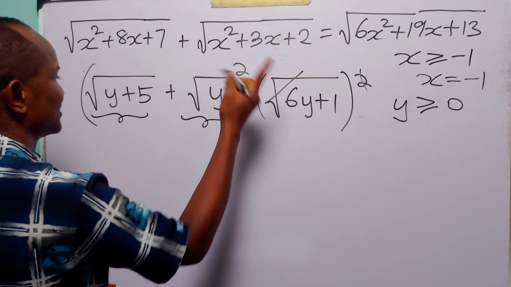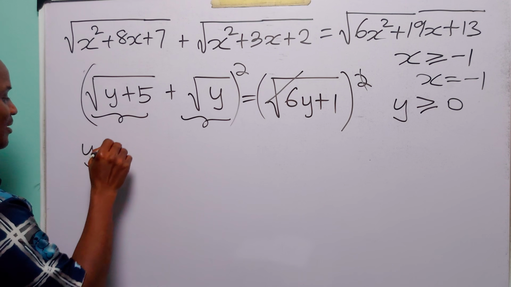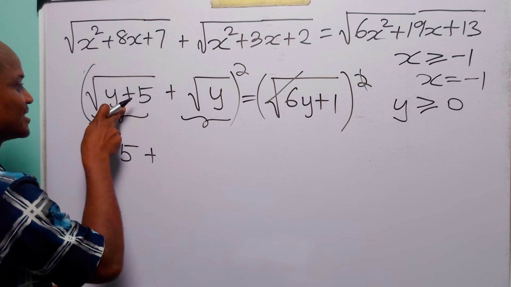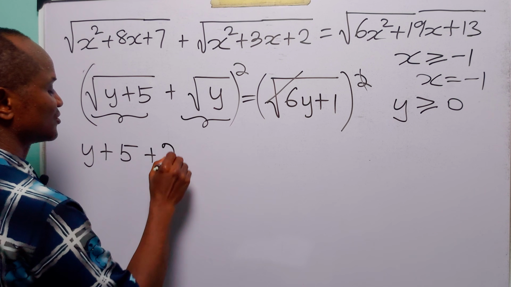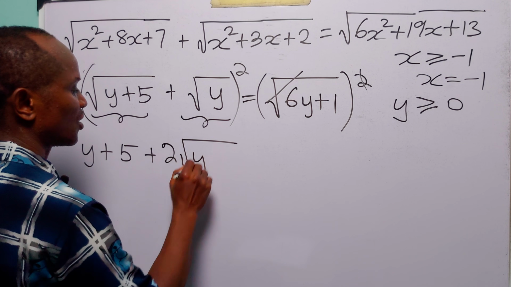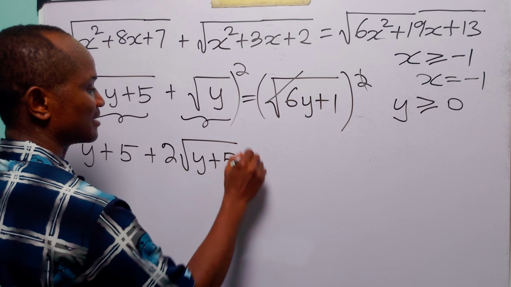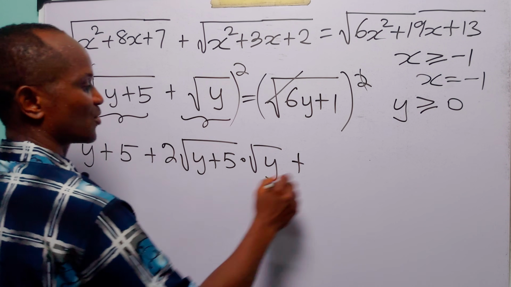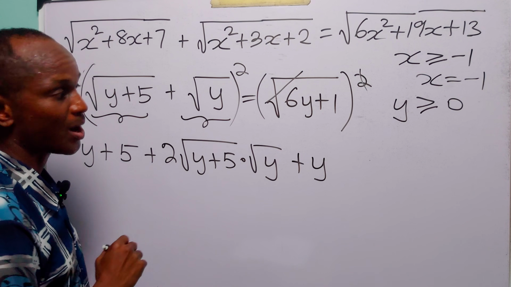This squared is going to give us y plus 5 plus 2 times this times that. That is 2 times the square root of y plus 5 times the square root of y. Then plus this squared, which of course is equal to y.